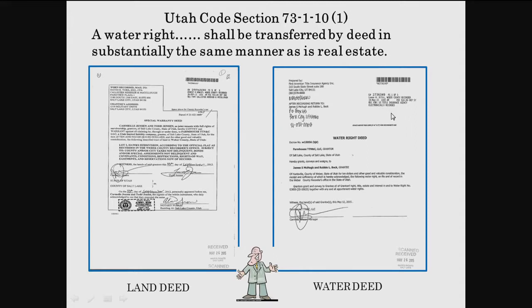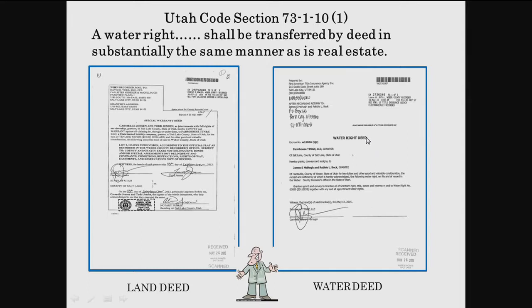Now on the right, you will see a water right deed. This deed does specifically convey the water right. And as I mentioned before, it can convey the water right for 100%, or it can convey it for a portion.